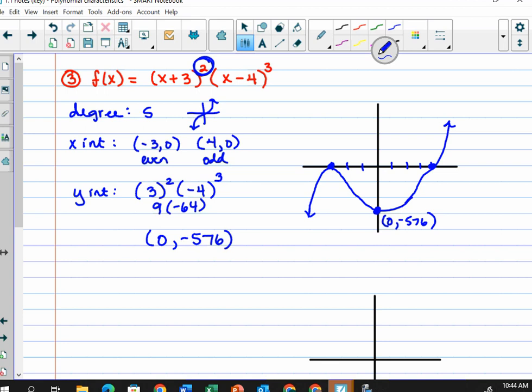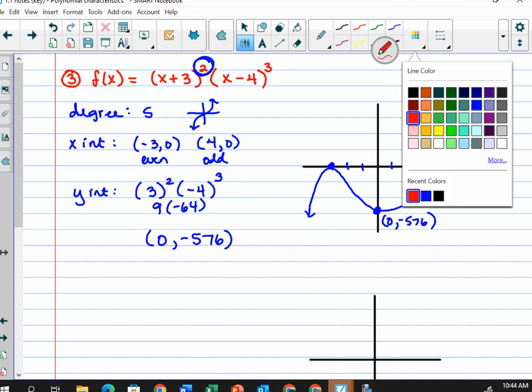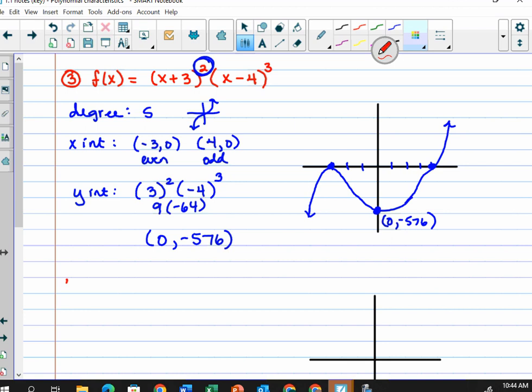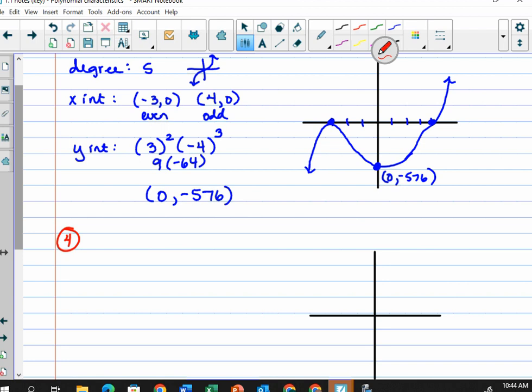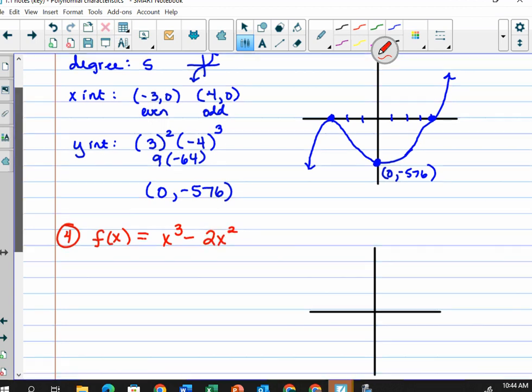Okay, let's try again. I'm going to add a small wrinkle for you. Just a small one. All right, this time f of x equals x cubed minus 2x squared.